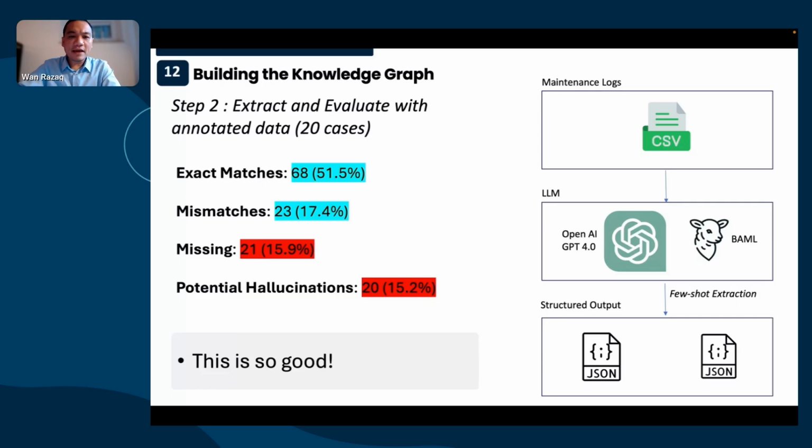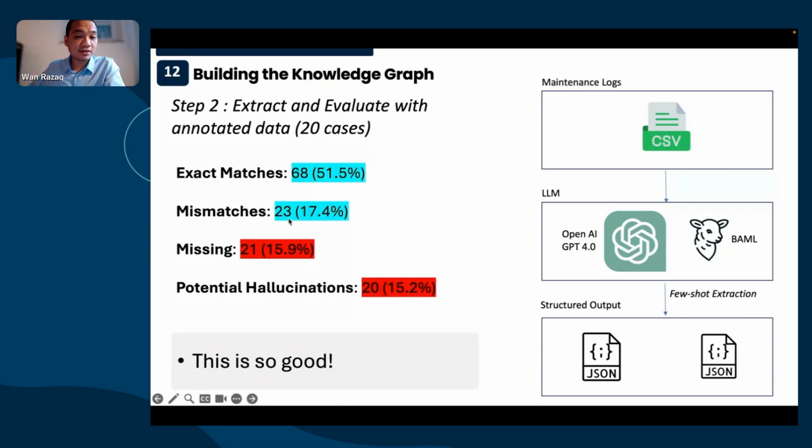Then I evaluated with the 20 cases. What were the results? The results were pretty good. I used 4 benchmarks. The first is exact matches: 51.5% exact matches between what the LLM extracted and the annotations.